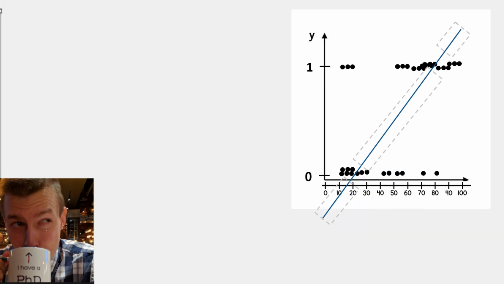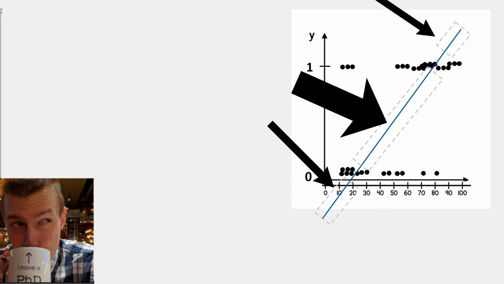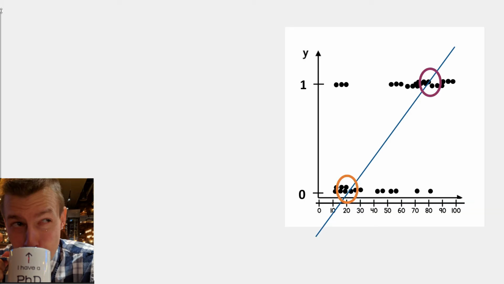Moreover, we have inherently imperfect prediction when attempting to predict categorical outcomes with a line, because a line cuts through space where no value exists. Here, most of the predicted y values along this straight line don't exist. Of the two real values, 0 and 1, the model only predicts 0 when x equals 20, and only predicts 1 when x equals around 80.